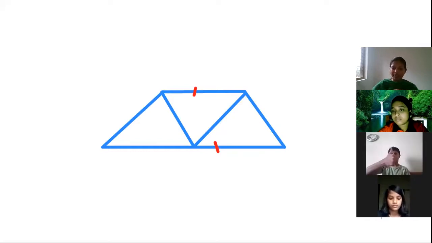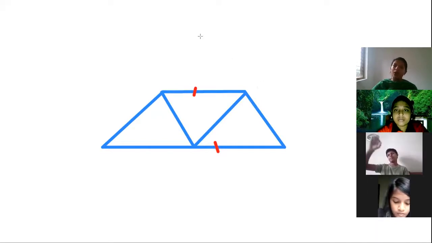Then this is the first type of quadrilateral. What is our first type of quadrilateral? It is trapezium. What is a trapezium?